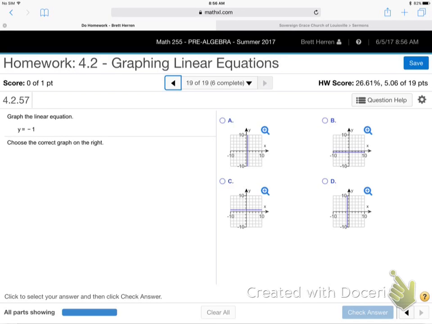Okay, so now they're giving me the equation y equals -1, and they want me to figure out which of those 4 graphs it is. So how do we graph when they give us an equation? Normally we can go through the formalities, make an XY chart, right?